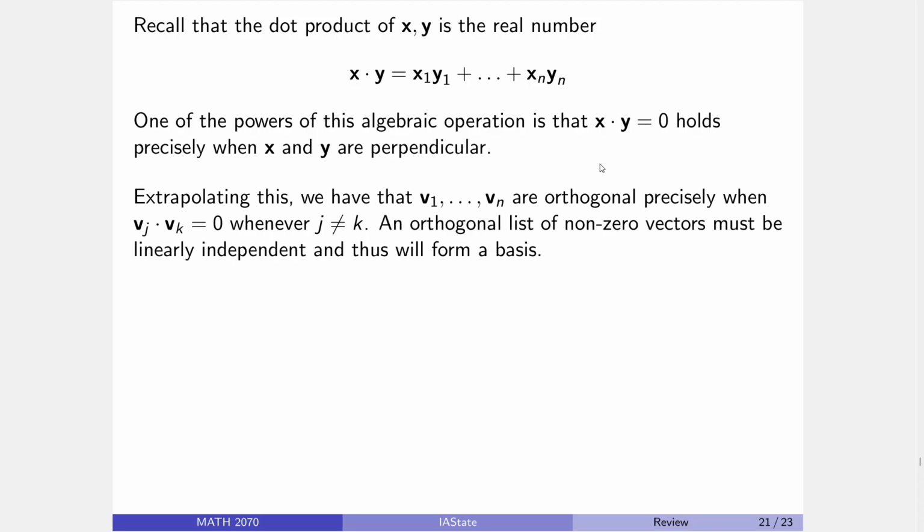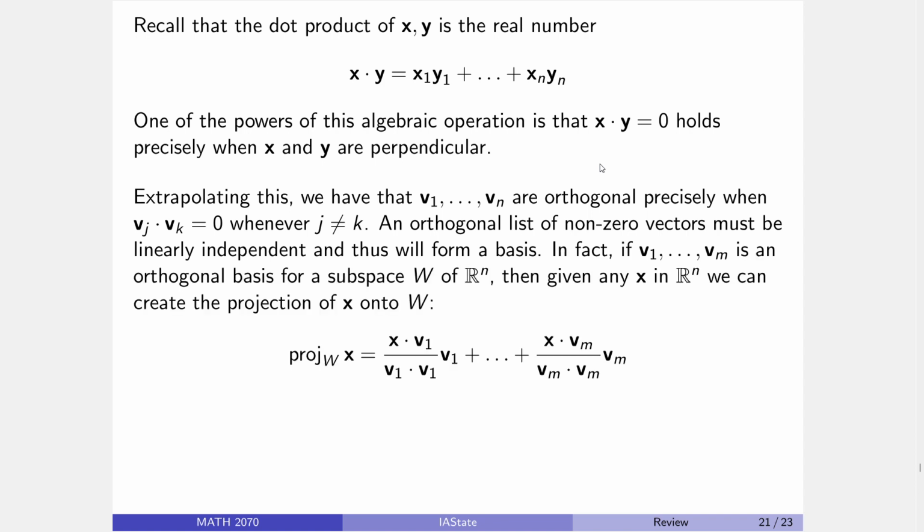All right, well, one of the features of orthogonal elements, which we sort of set up earlier in the talk, is that indeed they are linearly independent and thus will form a basis. Sweet. And in fact, you can do one better. If you have an orthogonal basis for a subspace, then for any element, no, it doesn't have to be in the subspace, we can create its projection by computing these specific dot products and scaling the elements v1 to vm by them.